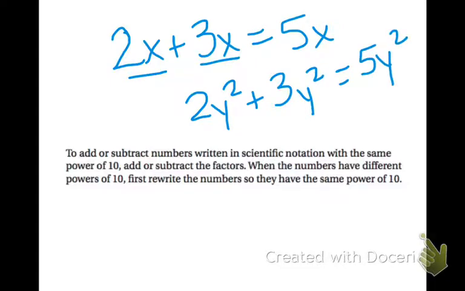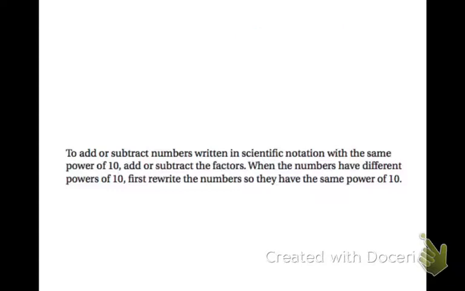So the concept was it had to be the same variable, or in this case the same base, and the same exponent in order for them to be like terms. Well, that's the same way with scientific notation. You want it to be the same power of 10 in order to be able to then add the decimal part of it. So let's go ahead and take a look at the first example from the textbook.